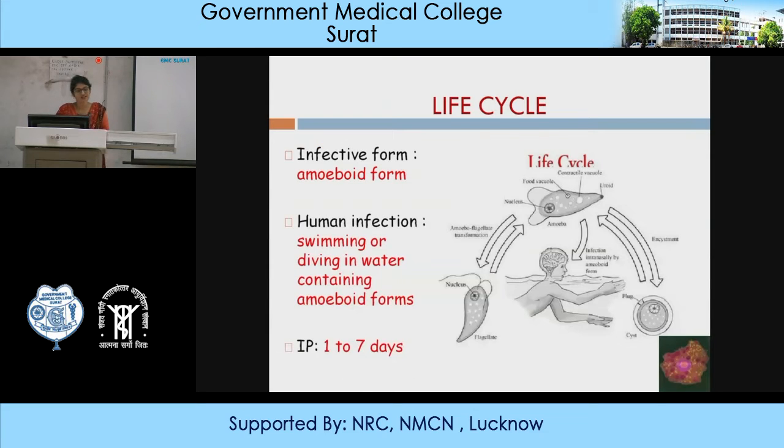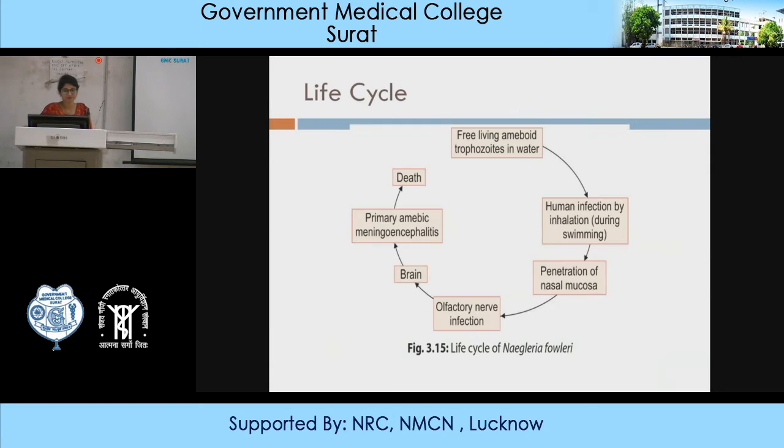Now the life cycle. Mainly the infective form is the amoebic form, and human infection occurs while the human is diving or swimming in water bodies that carry the amoebic forms. The incubation period is 1 to 7 days.